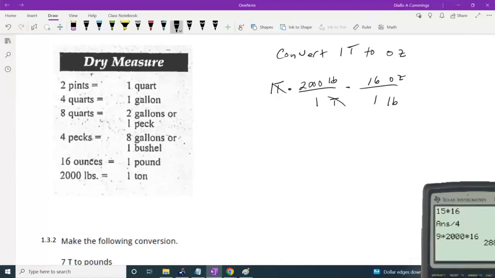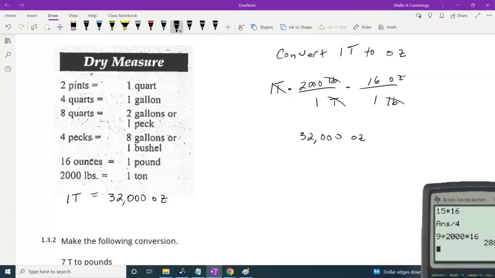My unit of tons will cancel, my unit of pounds will cancel. So 2,000 times 16, I believe that should be 32,000 ounces. So I can actually write that in as a conversion. 1 ton is equal to 32,000 ounces.